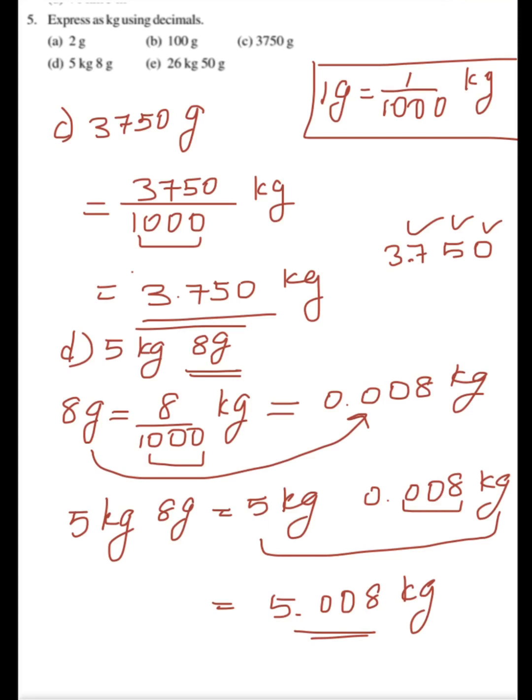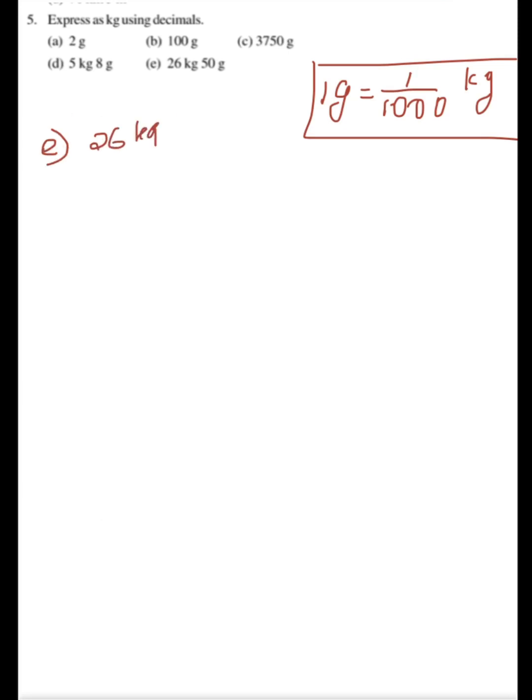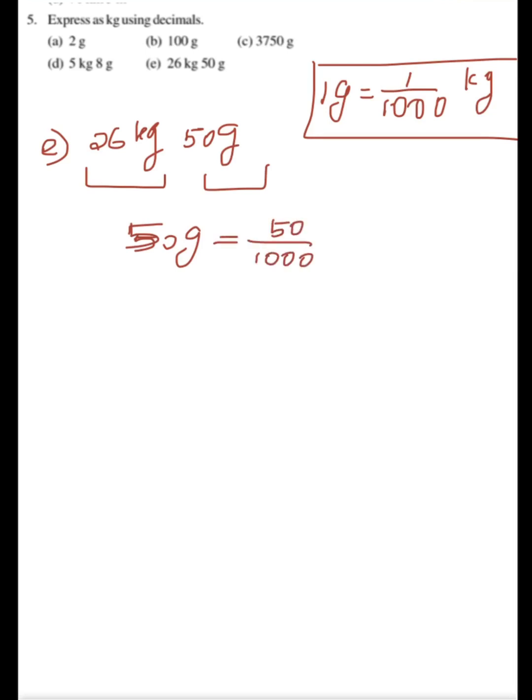Now what is next? 26 kilogram 50 grams. Okay. So here as you can see 26 kilograms is already in kilograms, so no need of converting. Now the rest is 50 gram. So to convert it into kilogram, you need to divide this 50 by 1000. Then it will get converted to kilogram.